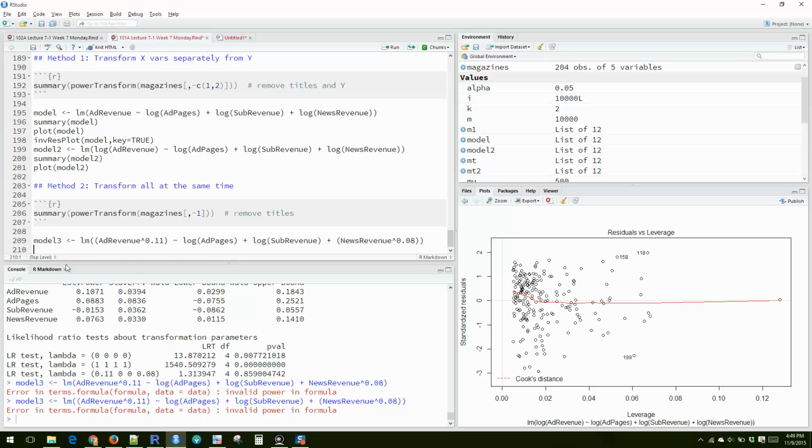Maybe I have to create a variable for ad revenue. I might have to do the transformation out here separately.